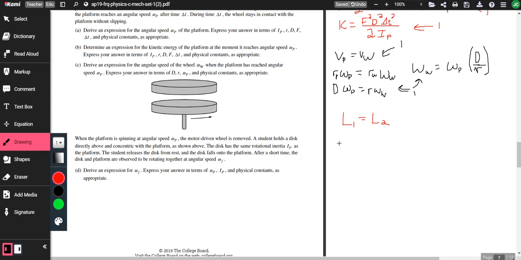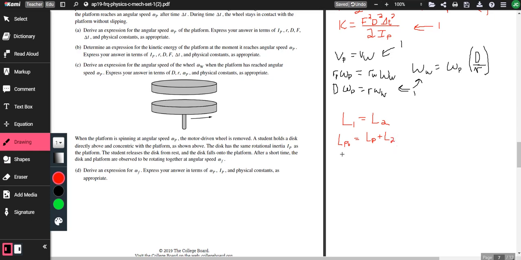Initially, the platform is the only one moving, so the initial angular momentum of the platform is equal to, they're going to end up moving together, so I'm going to say it's L_P plus L, let's call it 2 right there.